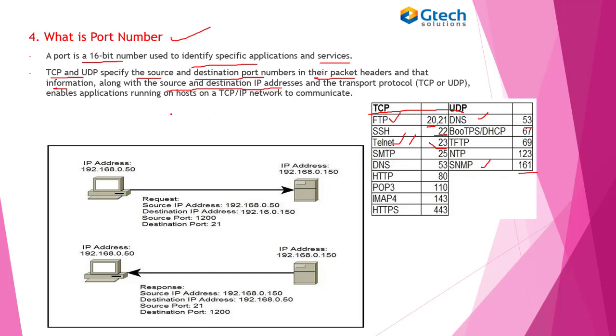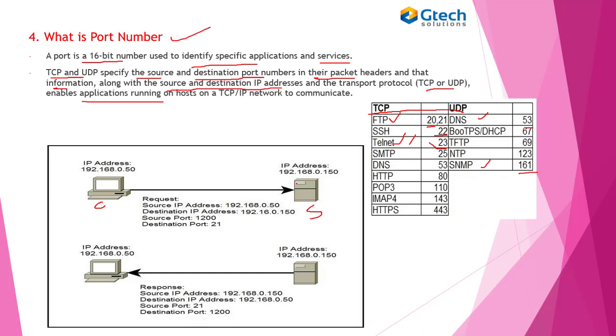The TCP or UDP protocols, which are transport layer protocols, enable applications running on host devices to communicate. For example, this is a computer and this is a server. This computer wants to communicate with this server, client-server communication.